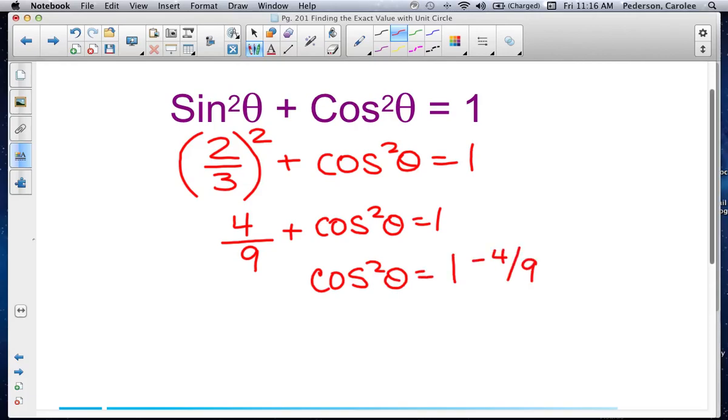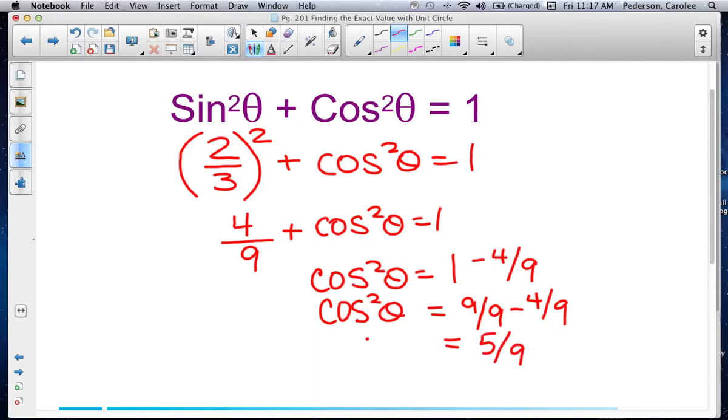Then we're going to convert that 1 to a 9/9, so we can subtract those fractions. 9/9 minus 4/9 is 5/9. And then the last step is to undo the squared. So you remember how you undo a squared is you square root both sides. So the cosine of theta equals plus or minus the square root of 5/9.